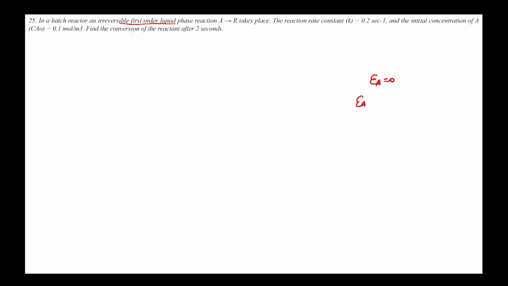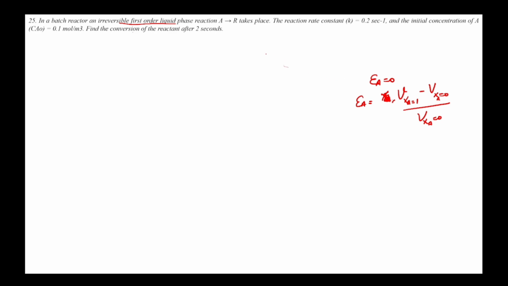We know that expansion factor is equal to the volume at full conversion minus the volume at zero conversion, divided by the volume at zero conversion. But for a liquid phase reaction it is zero.